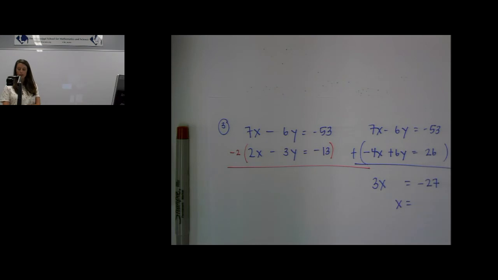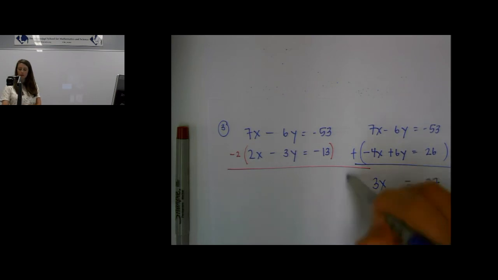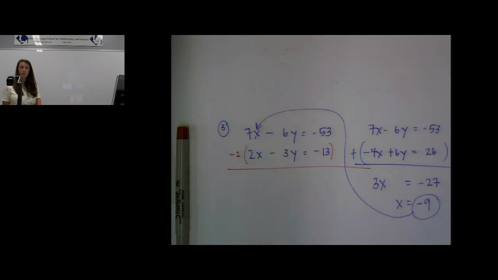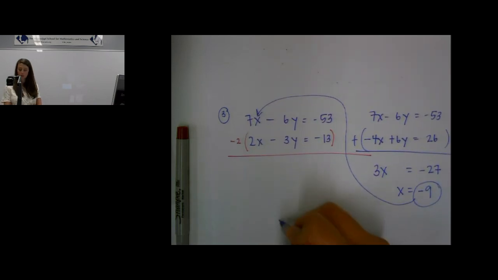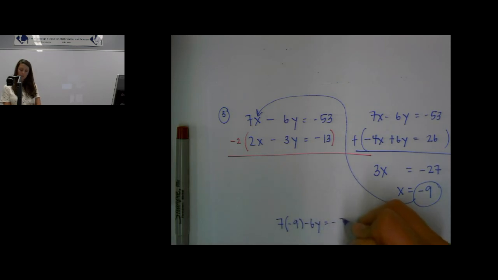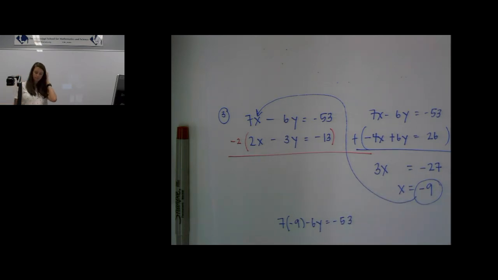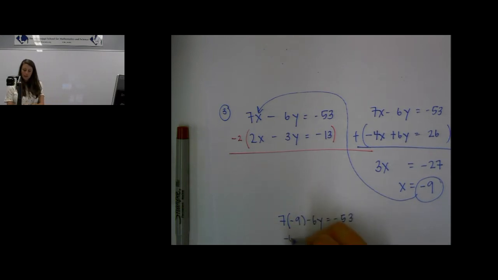Divide both sides by 3, so x is going to be negative 9. I'm going to plug negative 9 back into the original problem. It doesn't matter which equation you go to, but 7 times negative 9 minus 6y is equal to negative 53. 7 times negative 9 is negative 63.